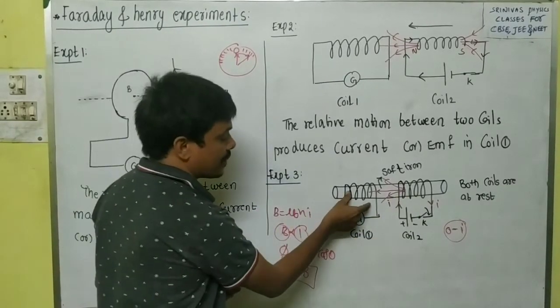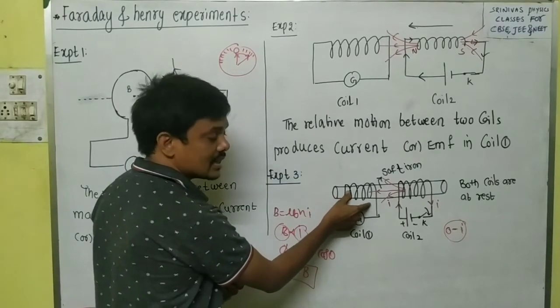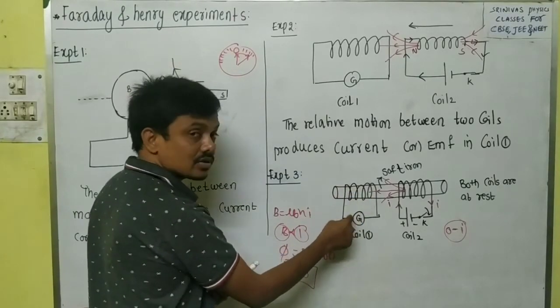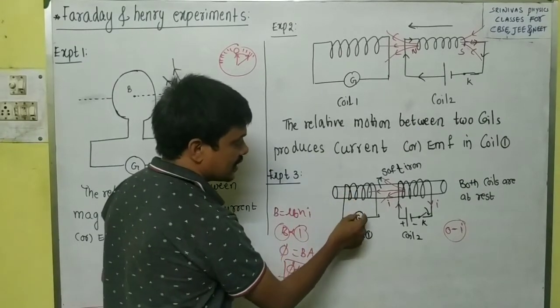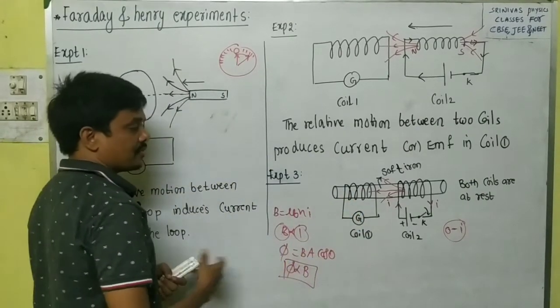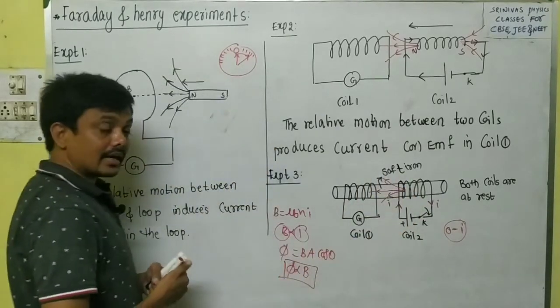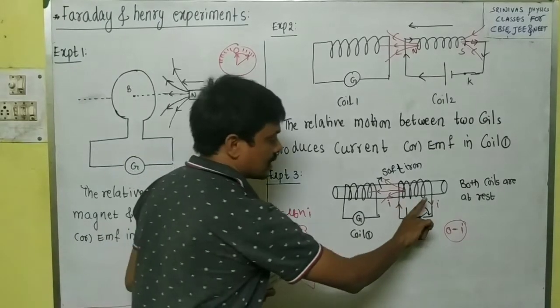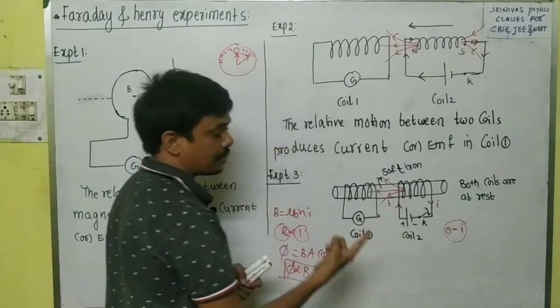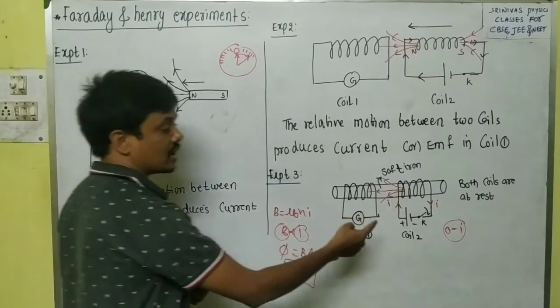That's why when the magnetic flux linked with coil 1 changes, EMF is induced in it. That phenomenon is called electromagnetic induction, and then the galvanometer deflects. When they opened the plug key, again a deflection was observed, opposite to the first deflection while closing. And when they opened, what happens? Current decreases from the maximum value to 0.